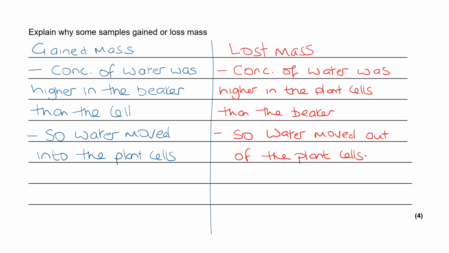So for example, you either talk about the concentration of water in the cell compared to the concentration of water in the beaker, or you could talk about the concentration of solute inside the cell compared to the concentration of solute in the beaker. In the model answer that I've written on the PowerPoint, I've talked specifically about the concentration of water, and that's in both where they gained mass and where they lost mass.